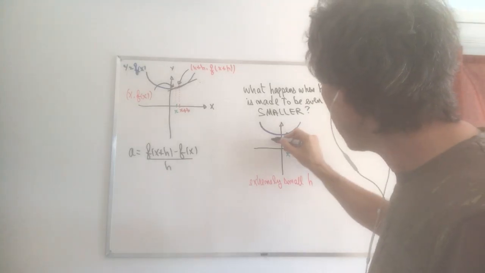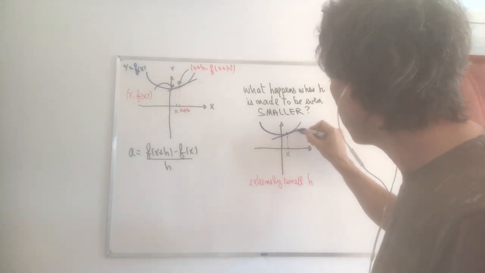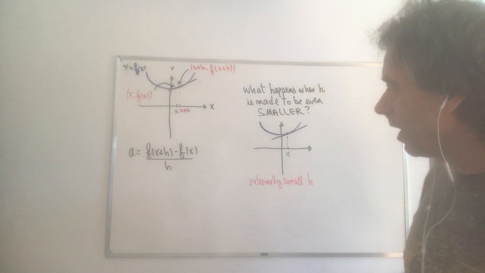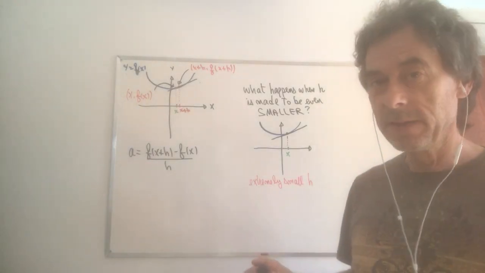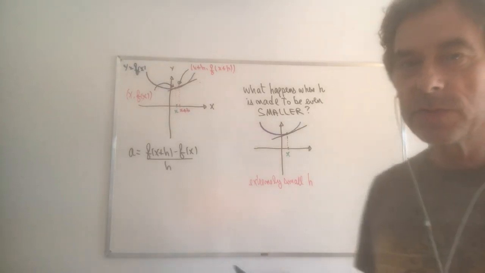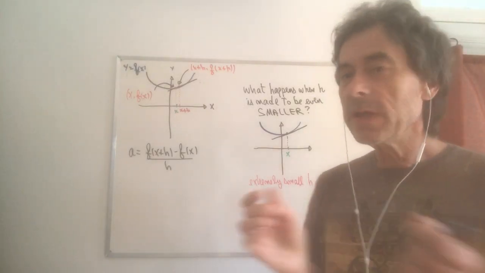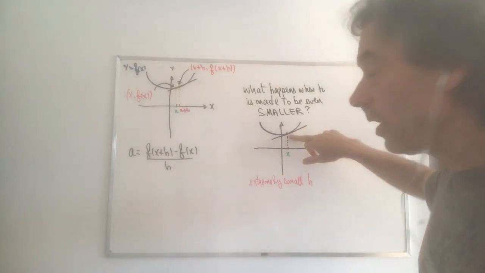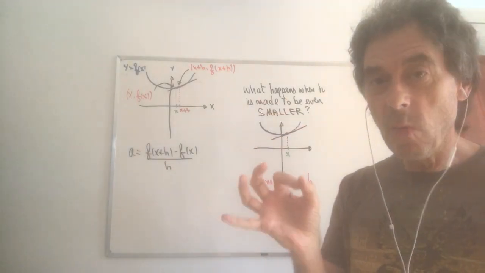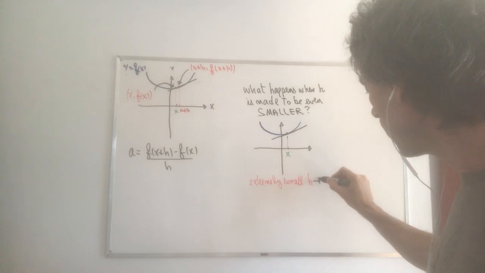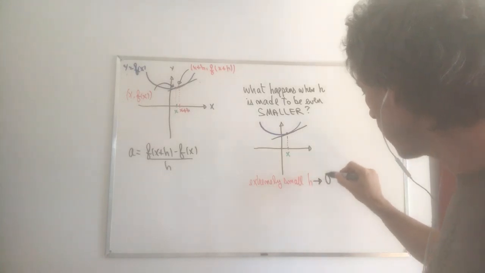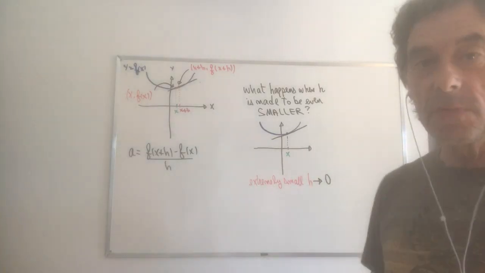So when I draw the line, I actually get a line through virtually 1 point. There are 2 points, clearly, but they're so close to each other that they look like they are really 1 point. And why is that? That is because h has been made to go to almost 0.